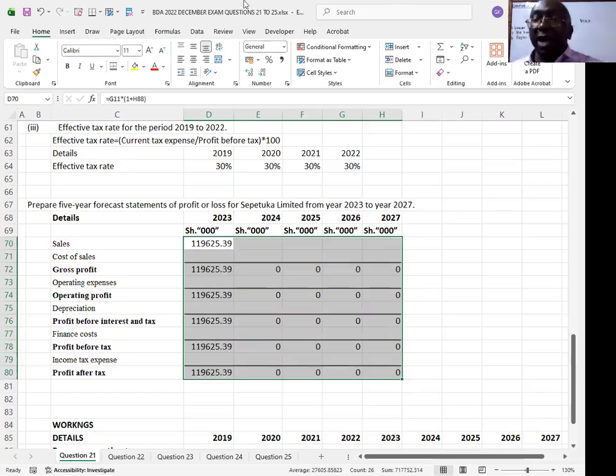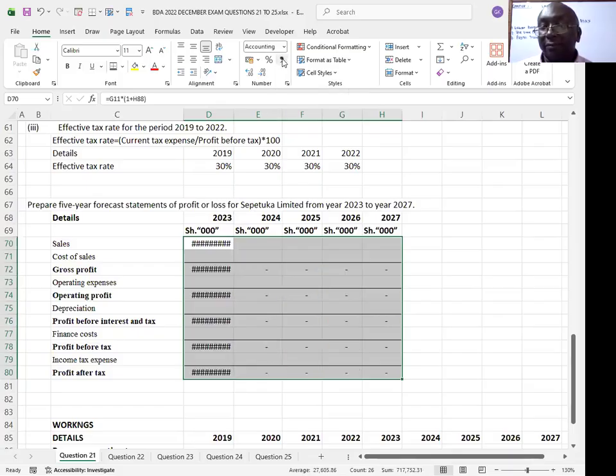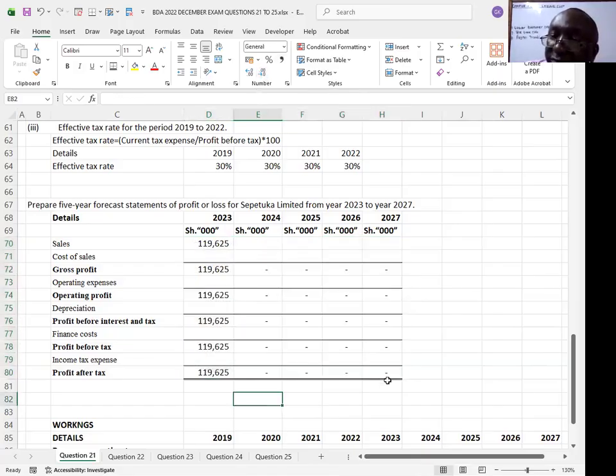You come up here. When you are at home, you come here where there is this comma, this big comma. So you click on it. When you click on it, it will put the decimals. Then you click on this decrease decimal. So that we remain with those figures like that.